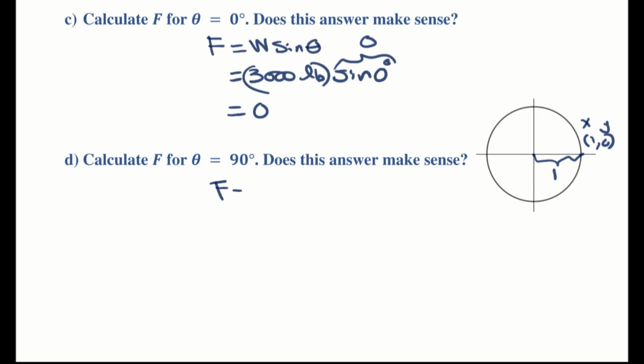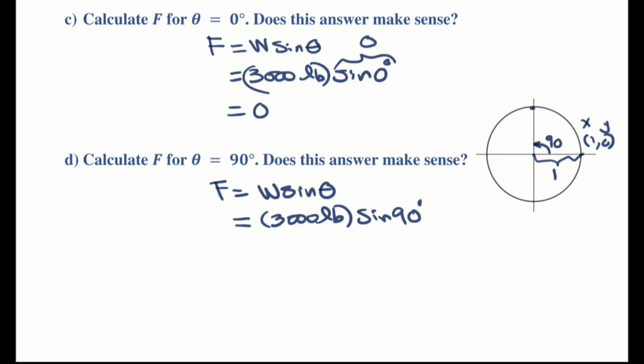We have F equals W sine theta, and it's going to make sense because if you recall, here we have sine of 90 degrees. Now 90 degrees is right here, so this is our 90-degree angle, right?